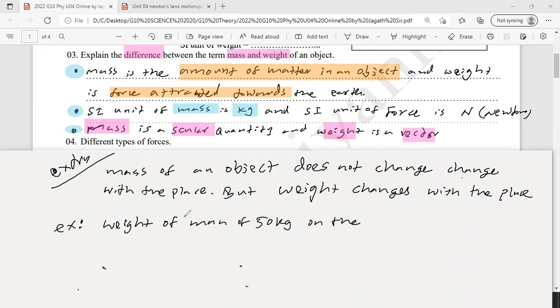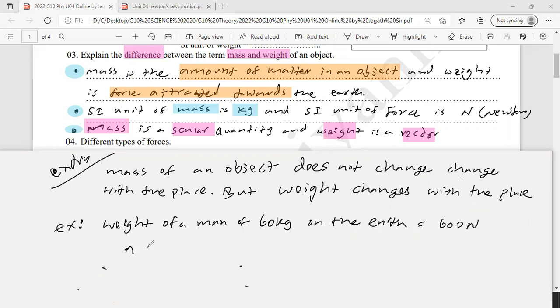I will say 60 kilos is 600 Newton, sorry, 600 Newton.